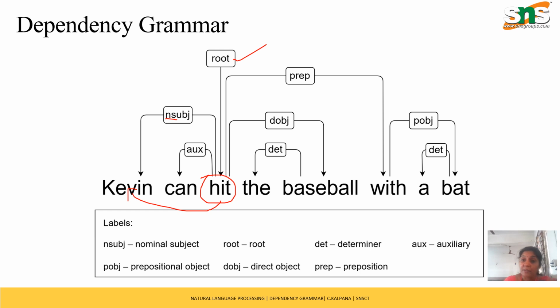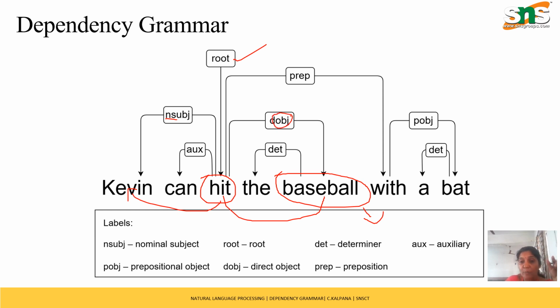What did he hit? He hit the baseball. So baseball becomes the object. Who hit it becomes the subject, and what becomes the object.